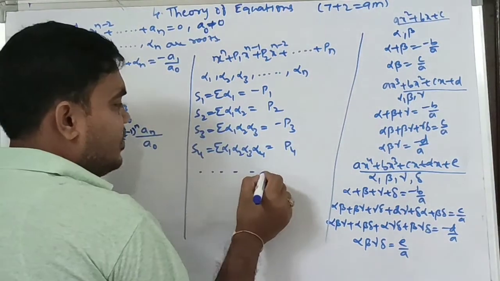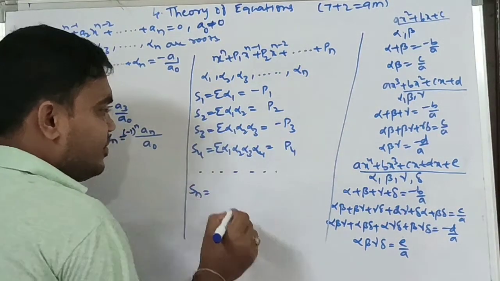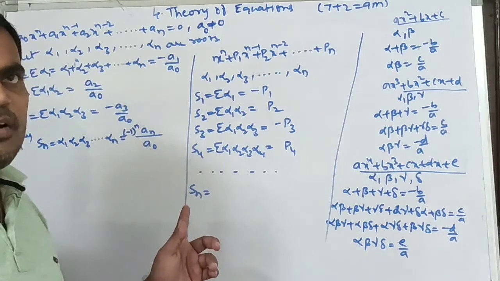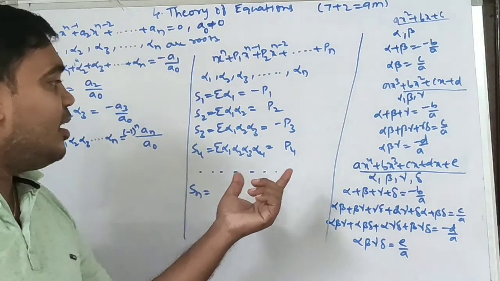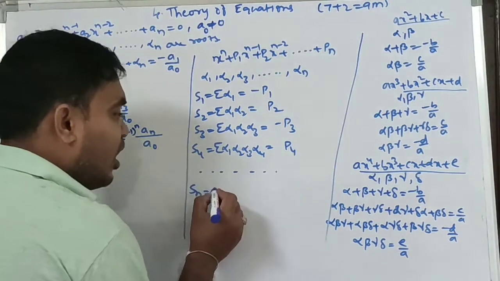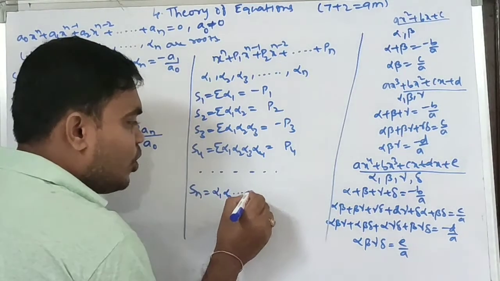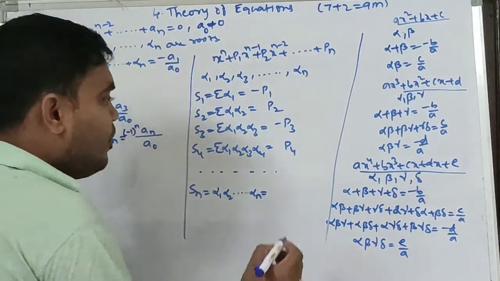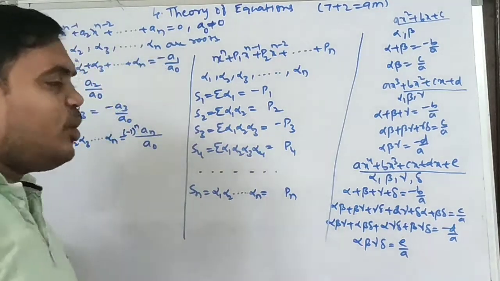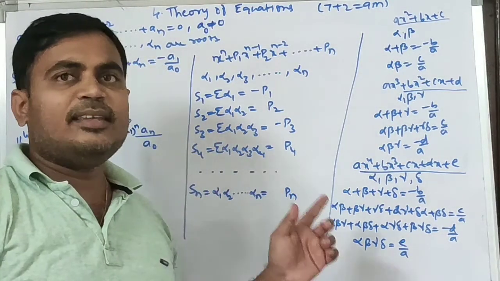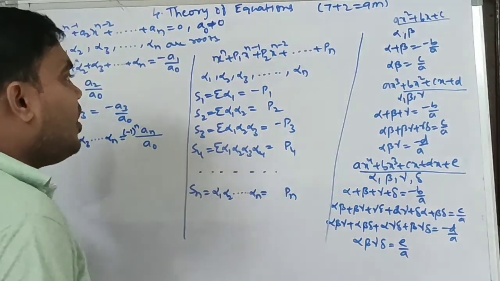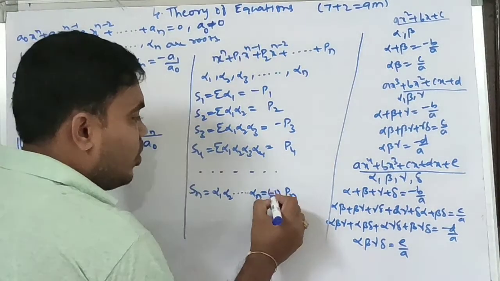Like that we take Sn. Sn is not the sum of n, it is the product of all: alpha 1 alpha 2 up to alpha n, which equals pn times (-1)^n.